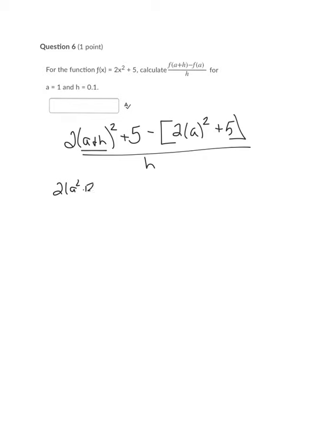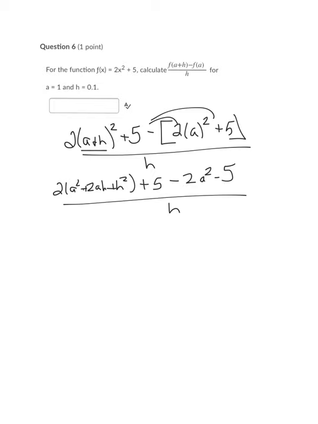A squared plus 2ah plus h squared plus 5. And I would bring this negative through. All divided by h. So 2a squared, we're going to bring this 2 through to each term, plus 4ah plus 2h squared. This plus 5 and this minus 5 cancel each other out.